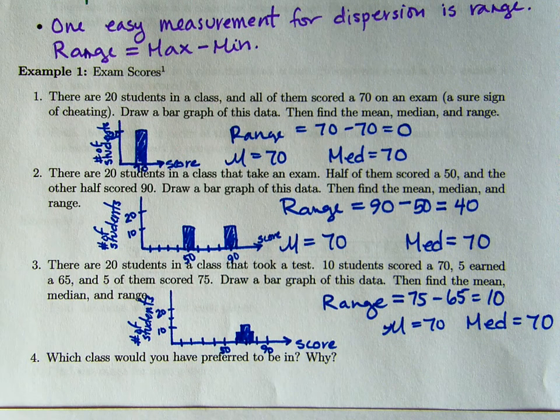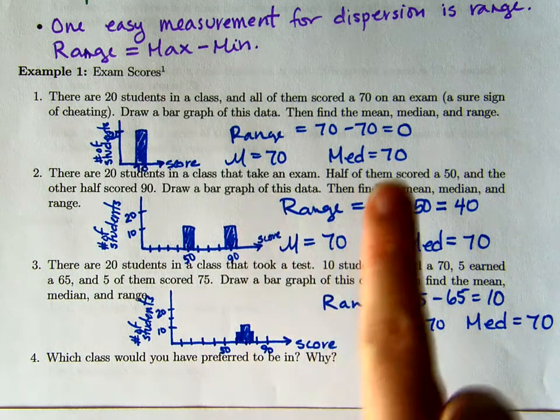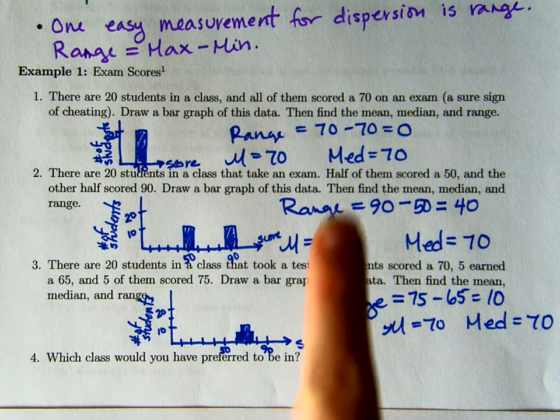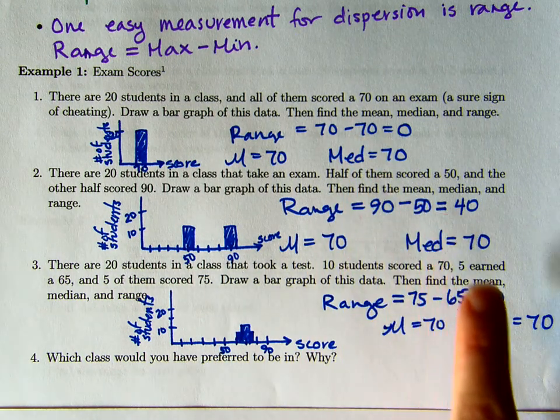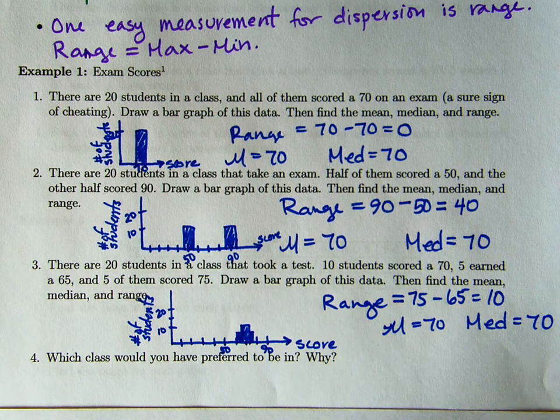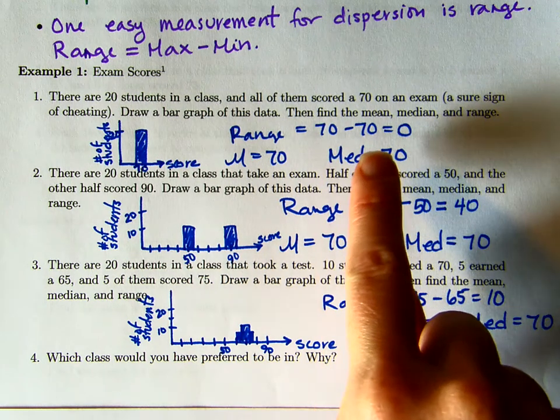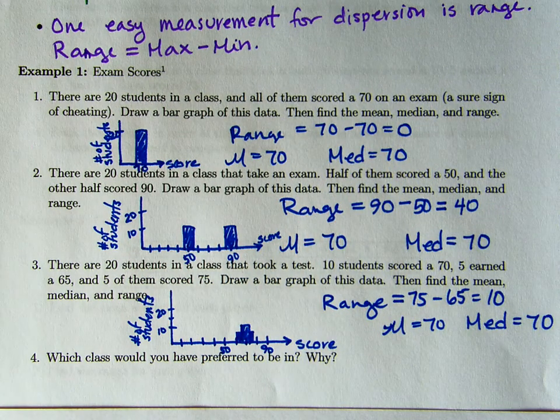So number 4 asks, which class would you have preferred to be in and why? And ultimately, I asked that question because if you only knew the class averages, you wouldn't be able to tell. But if you see the range, then it will tell you something. Like, if there is no difference between the low and the high, that tells you everyone passed.